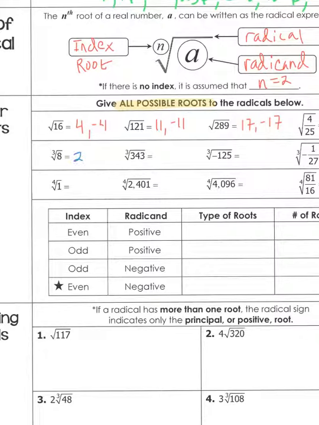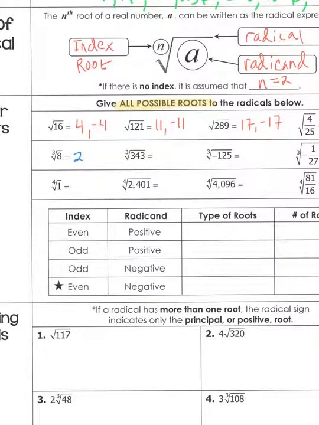Now, you cannot say negative 2 because negative 2 times negative 2 is positive 4, and positive 4 times a negative 2 is negative 8. So the cube root does not have 2 roots. A cube root only has one answer, because an odd number of negatives is going to give you a negative, not a positive. Whereas an even number of negatives gives you a positive, just like a positive does.